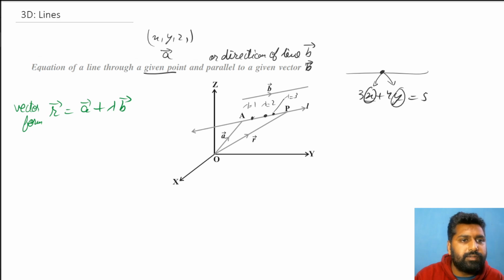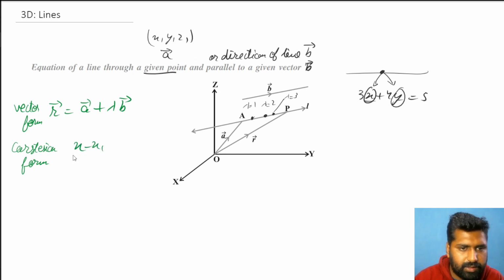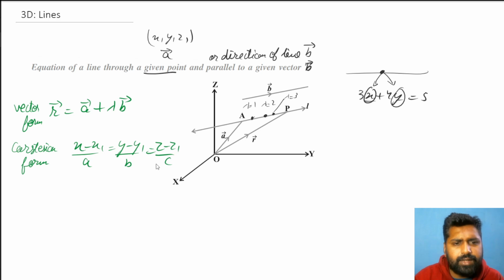In the Cartesian form, it's looking like this: x minus x1 upon A, y minus y1 upon B is equal to z minus z1 upon C. And you'll think, where is this ABC coming from? What is x1, y1, z1? And now where is the lambda? They are equal to the lambda.